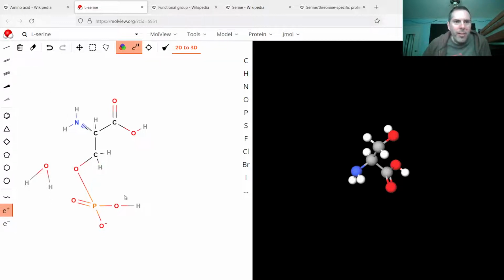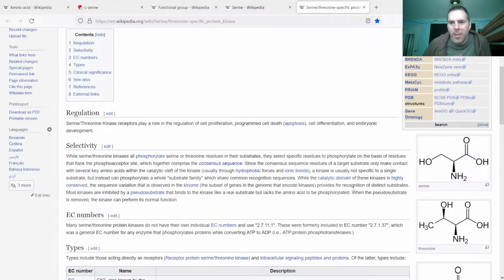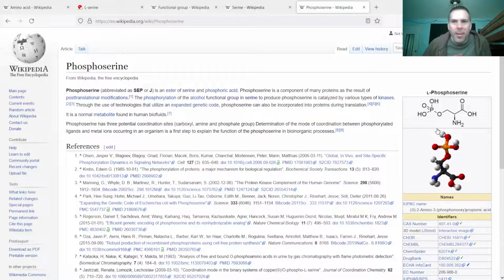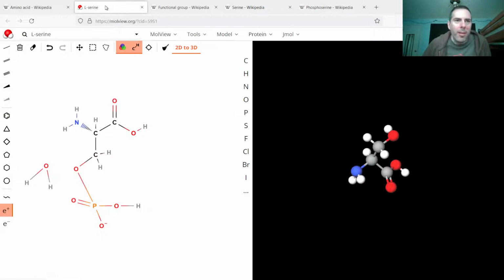So what you have here is what they call a phosphoserine. Go back down there. Yeah, phosphoserine. In a protein, you have this kind of continuing on. There'd be a sequence of amino acids connected together as a peptide or a protein.